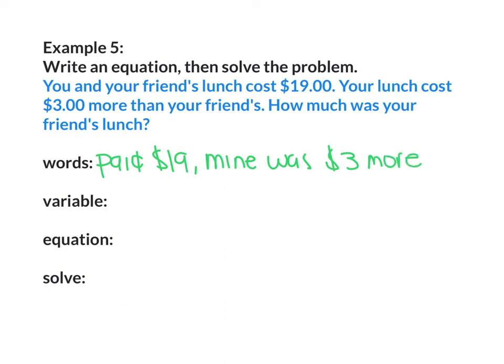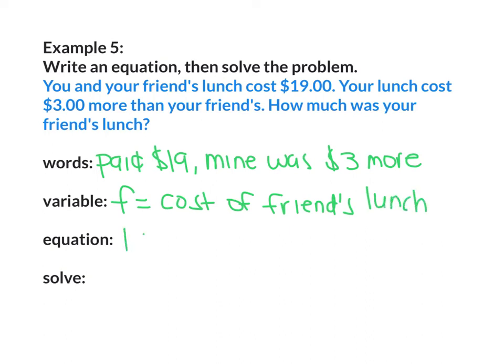The variable is going to be F for cost of friend's lunch. Now the equation. It's going to be 19 equals F plus 3, because mine was $3 more than the friend's lunch, and then my friend's lunch.